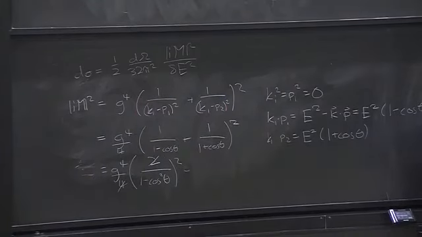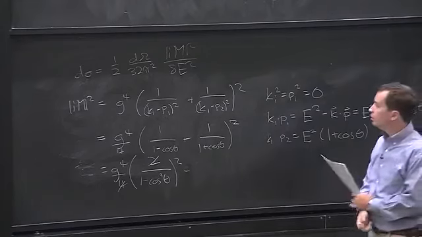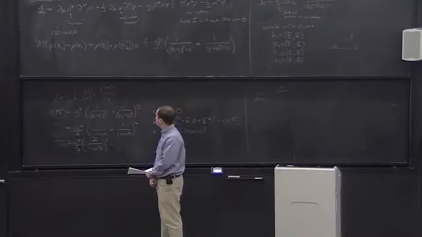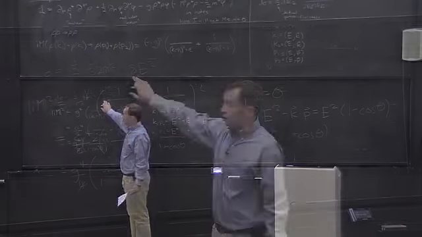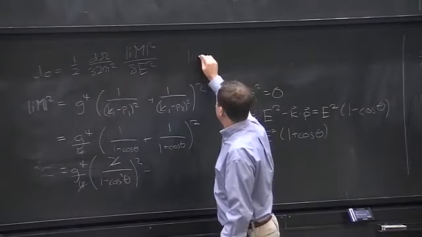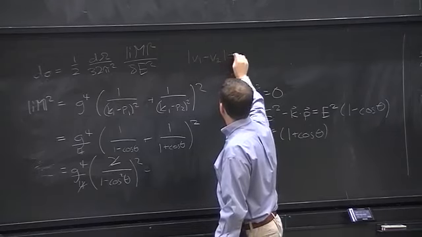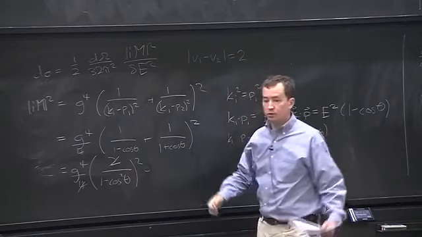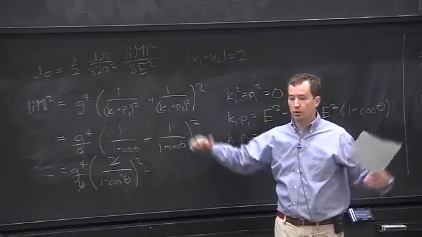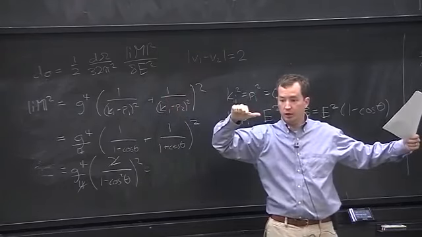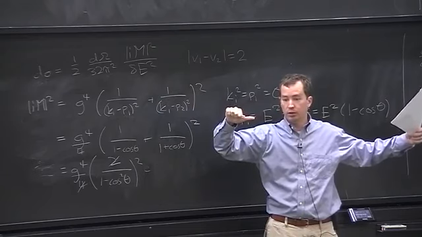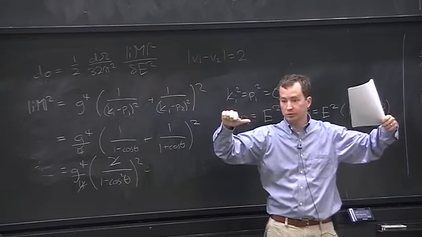Where, in the d sigma on top of the board, did the 8 come from? Why is it not 4? The 8 comes from the fact that v1 minus v2 is 2. So in the center of mass frame, we have one particle, say, coming from the right at speed 1, and one particle coming from the left with speed minus 1.